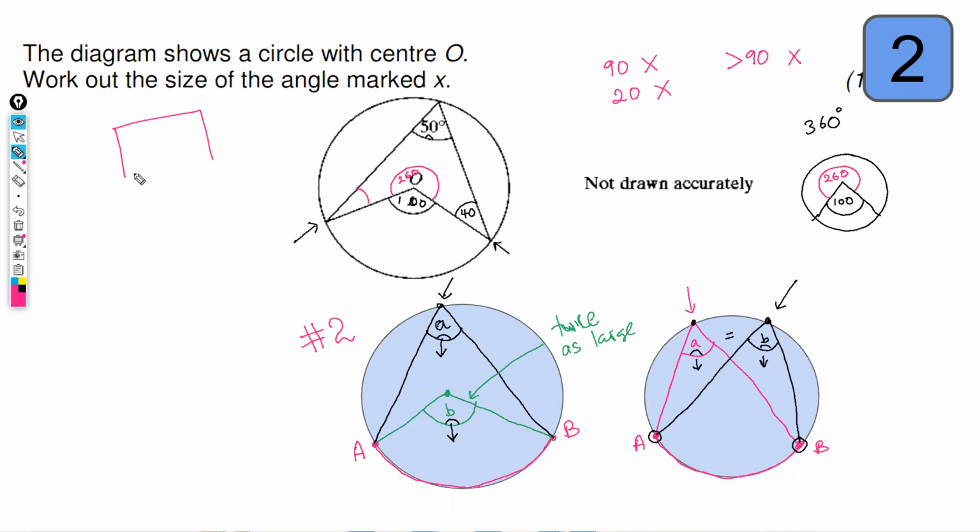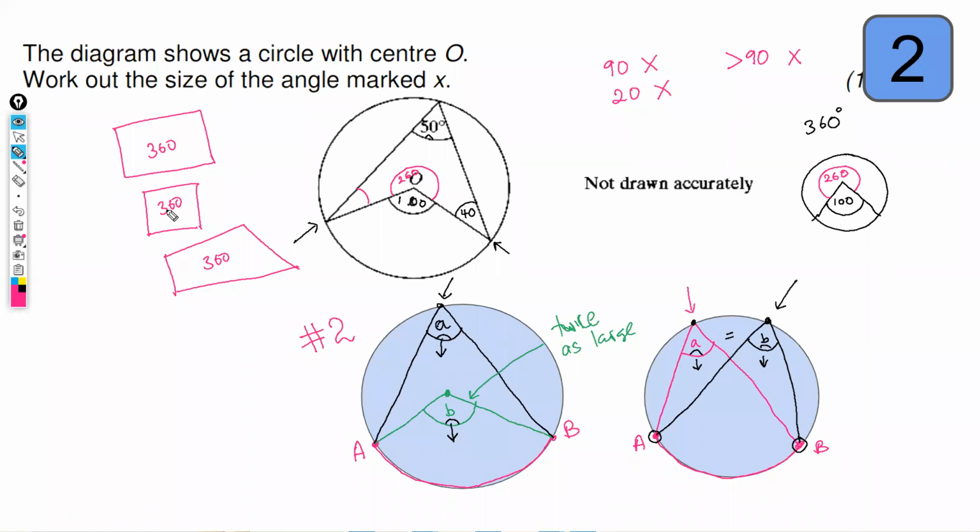Any four-sided figure in the world, whether it be a rectangle, a square, a trapezium, the total amount of degrees inside, keyword, inside of it is 360 degrees, not 180.